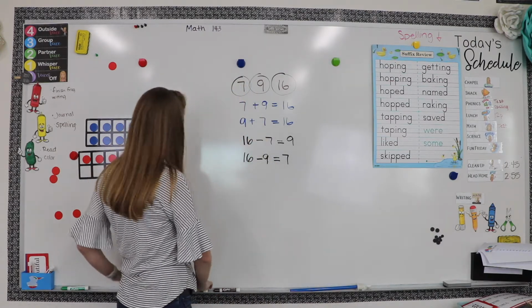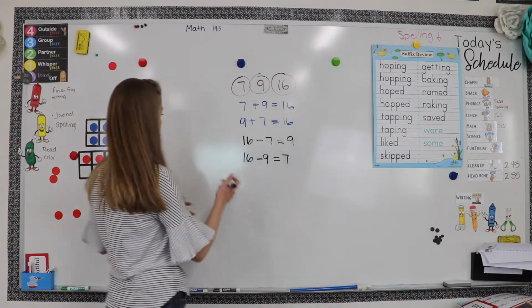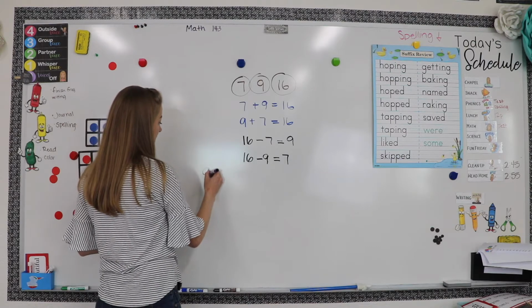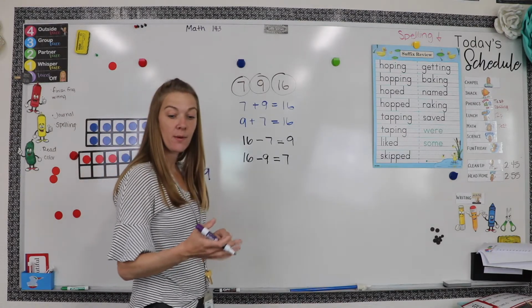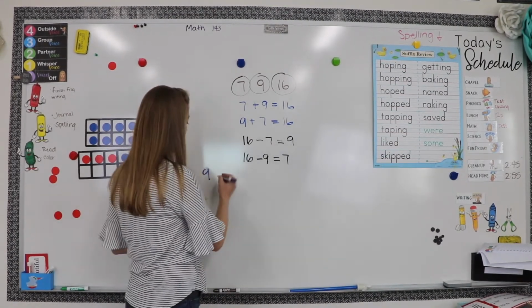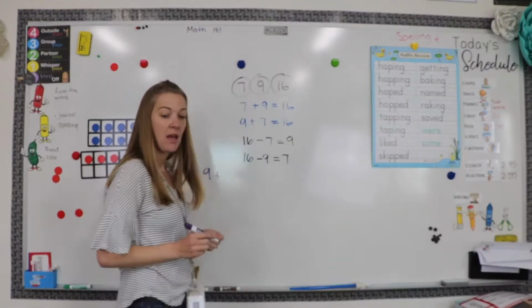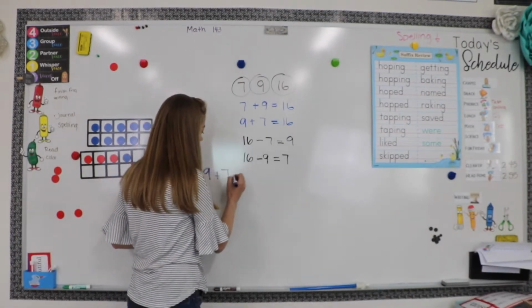So we started with, they told us that there were 9 orange fish. So 9 orange fish. And we already talked about, because they want to know how many are in all, so they want to know all of the fish, so we're adding. And then there are 7 blue fish.